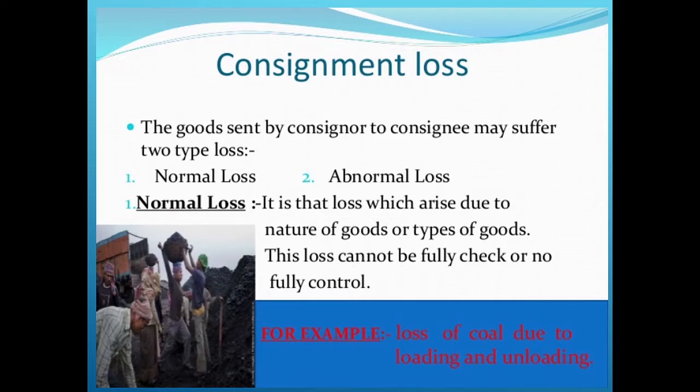These are goods where the nature of the goods causes a loss when you keep them for a long time open to the air, and we cannot avoid such loss. That loss is called a normal loss.